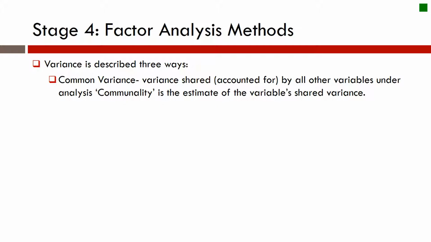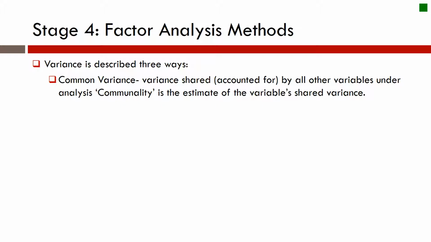Common variance would be the variance that is shared between variables. So if two variables are correlated together, they have shared variance. For instance, if two variables are correlated at 0.50, you square that, and that would be the amount of shared variance that they would have.